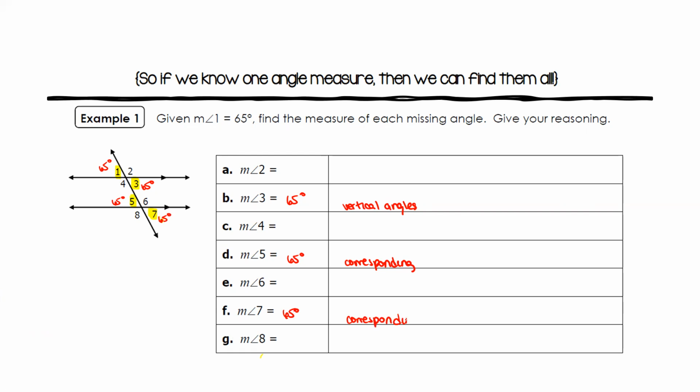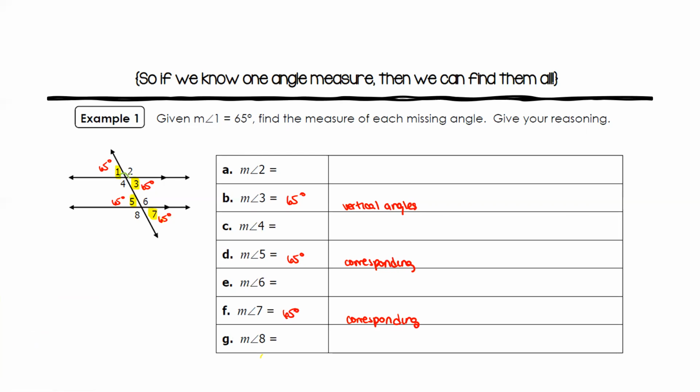Or also, there are many ways we can approach this. Angle 5 and angle 7 are also what? Vertical. So that's why they should be equal to each other. So at least I have found so far angles 3, 5, and 7, but now how can I find the other ones? What do I know about angle 1 and angle 2? Since they form a straight line, what should they add up to? 180 degrees.